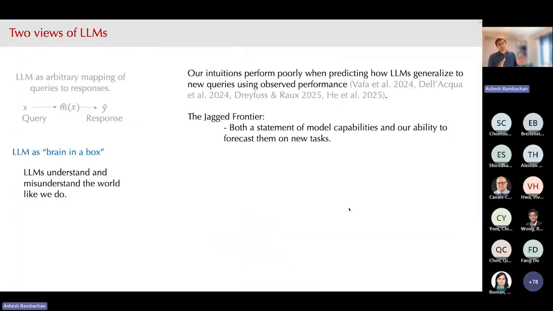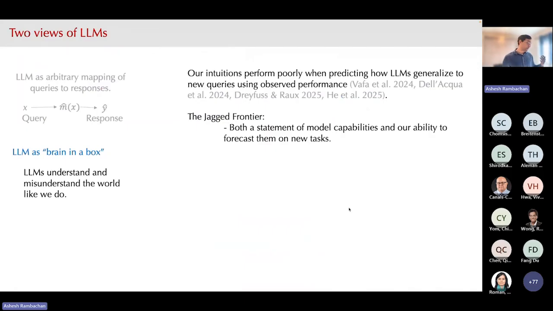So this is not just one paper. Over the last 2 years, there's been a series of work that shows that human intuition performs very poorly when predicting how large language models generalize to new tasks and new queries from observed performance alone. One phrase you might have heard over the last 2 years is what people refer to as the jagged frontier of model performance.